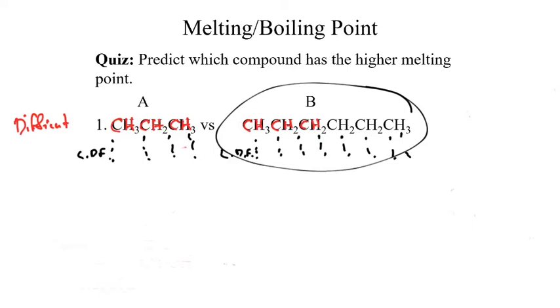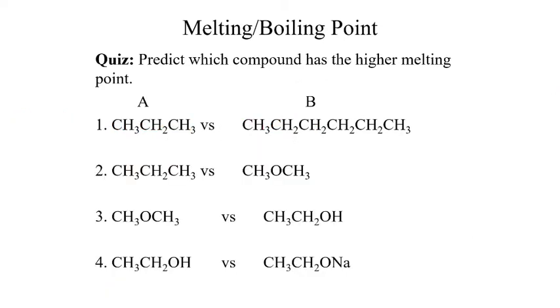There's lots of other things that contribute to melting point and boiling point. The simplest attempt with melting point and boiling point is the strength of the intermolecular force, which means when you now go through and answer 2 and 3, you should be selecting the molecule in each of those pairs that has the strongest intermolecular forces.